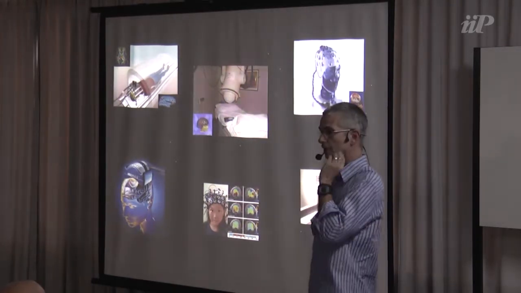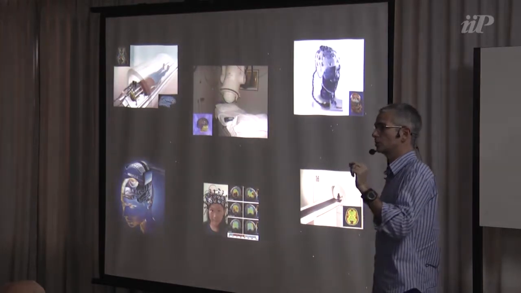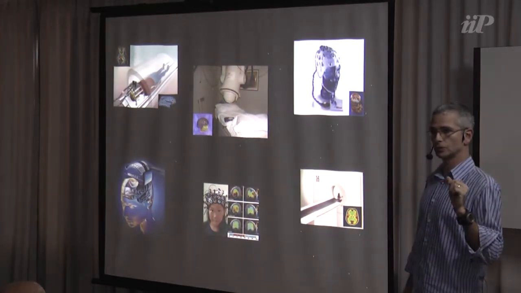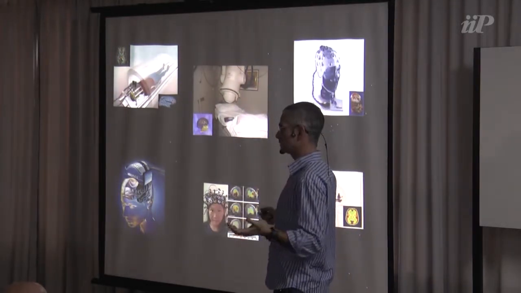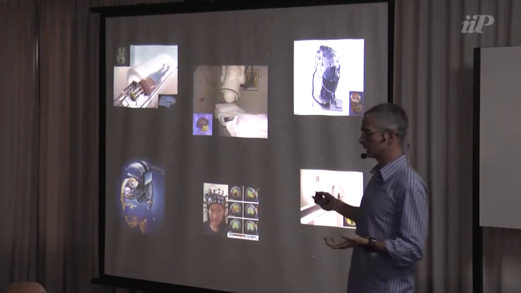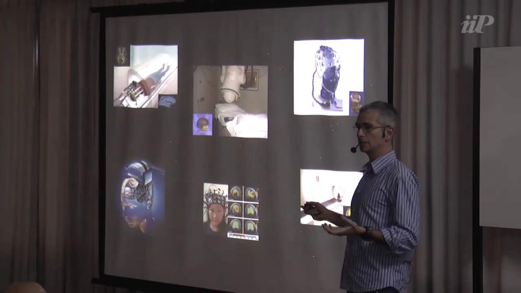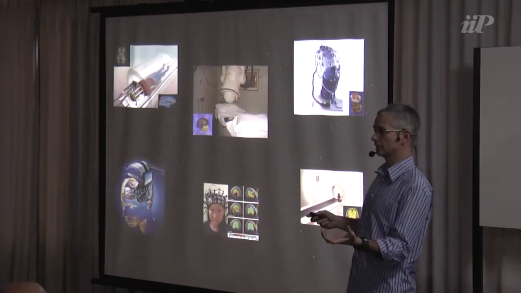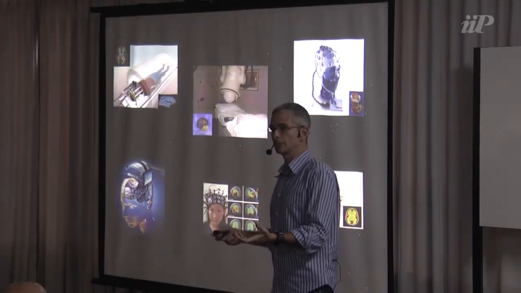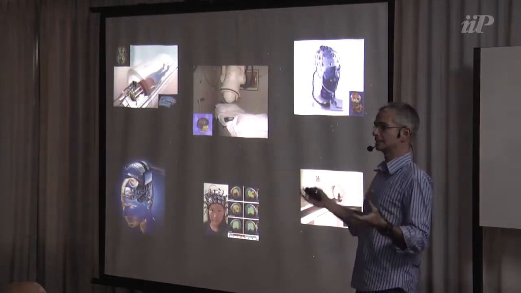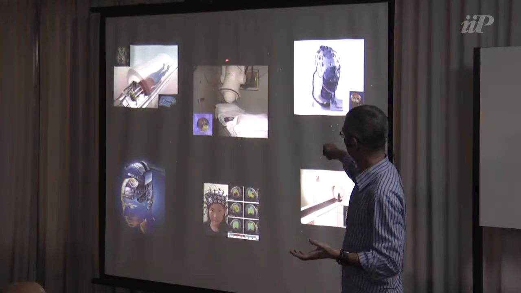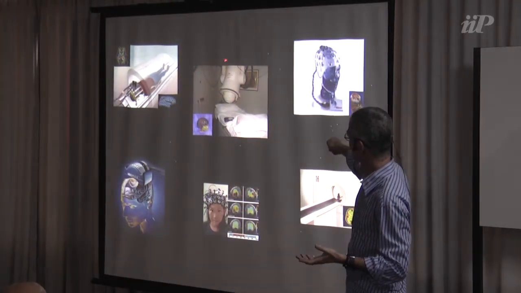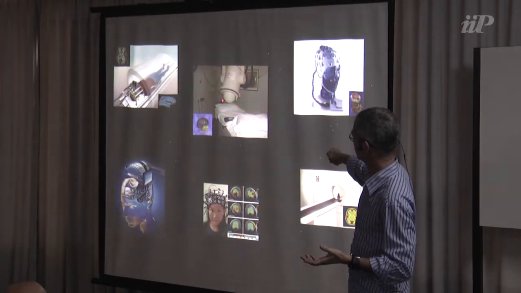MEG works with a special kind of device called SQUID, which stands for Superconducting Quantum Interference Device. As the name says, these devices are superconductors. So in order for them to operate, you need to have them inside a liquid helium vessel. This is a liquid helium vessel, and the detectors are right here.